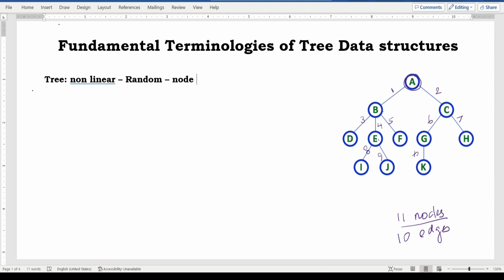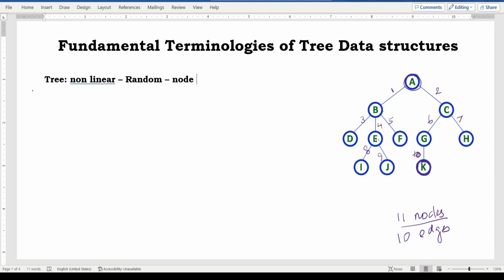So there are 10 edges. So what are edges? An edge is a relation or the line joining two nodes. Clear? So data is represented as a node in the tree data structure. So it is a random arrangement. So this tree is a perfect example of a non-linear data structure.